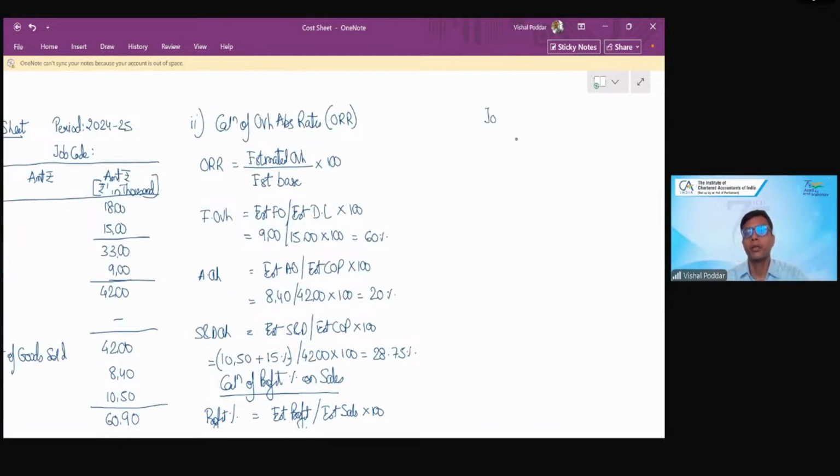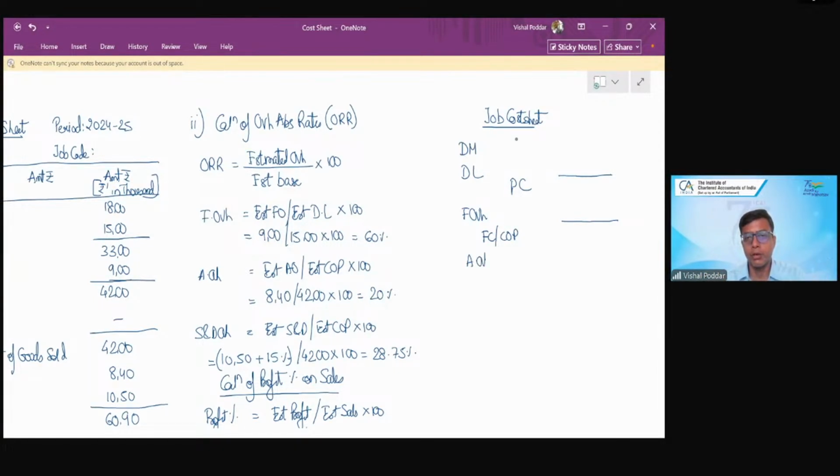Now we prepare the job cost sheet for the expected job. Now again here no details are given as to the quantity and all. So prime cost, factory overheads, directly it is factory cost, or now I'll say cost of production, because we do not have the administration related to production.